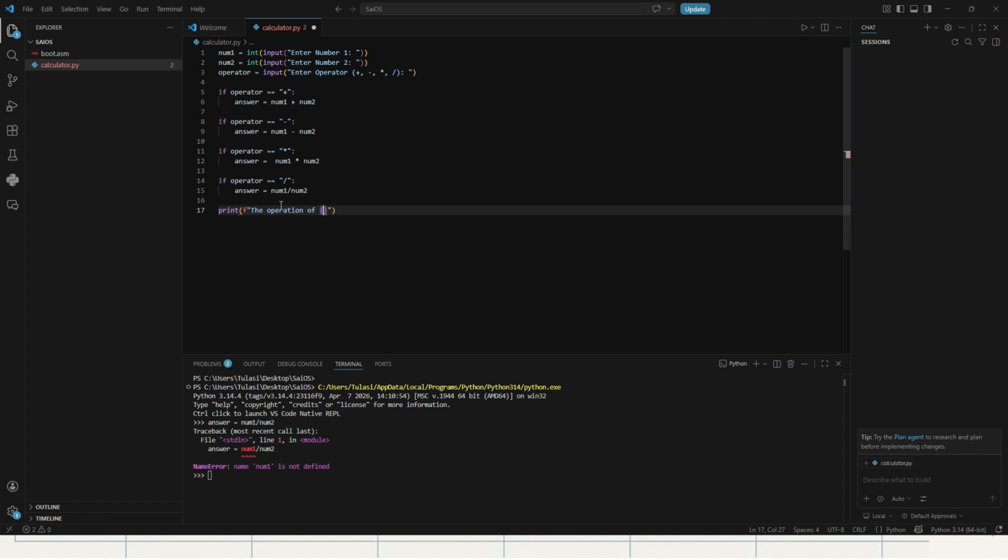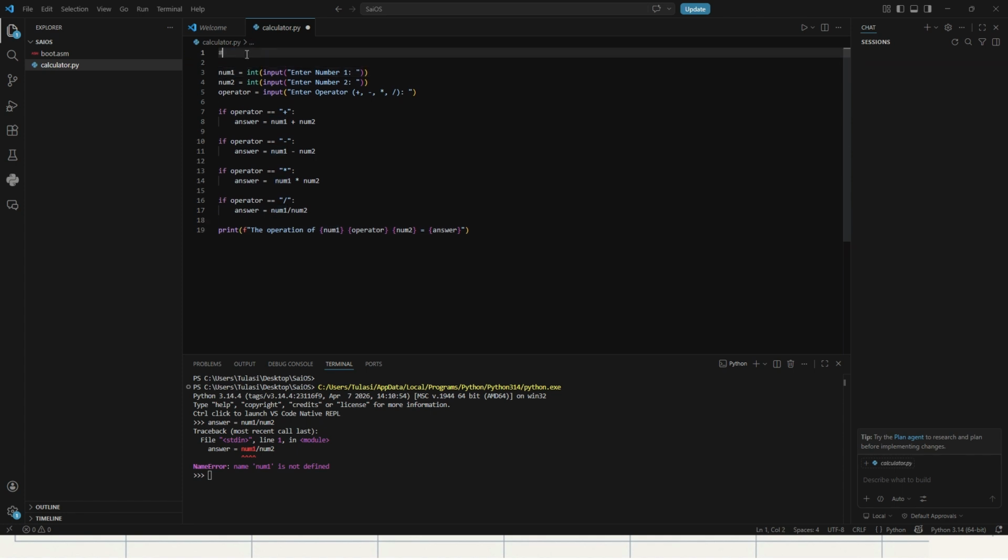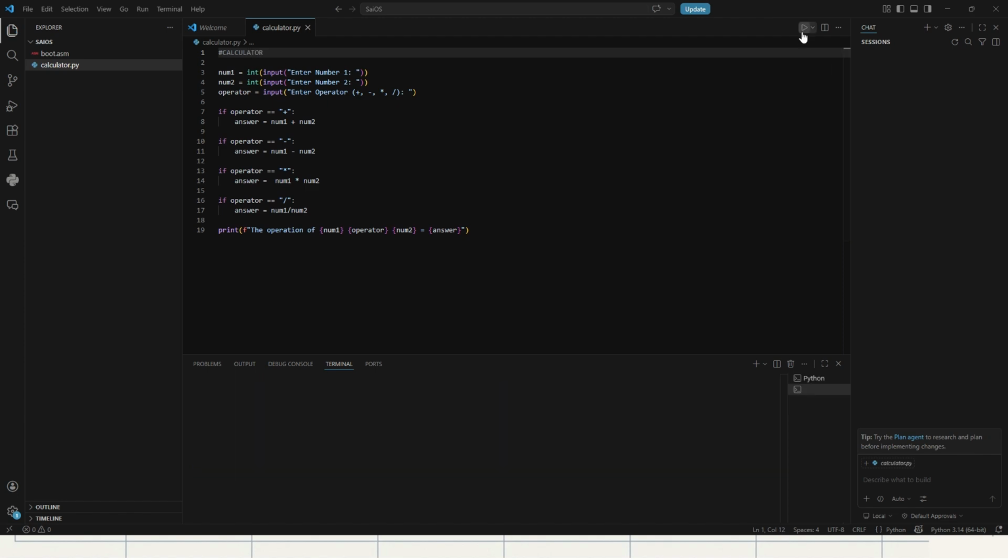Operation of num1, which operator will be decided by this, and num2 is equal to the answer. That's it. You have completed your first project, which is a calculator. Very good. Now you have created your first application.